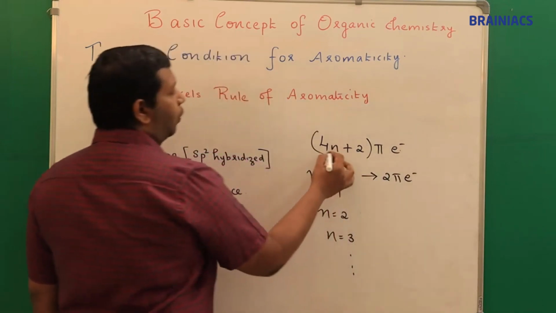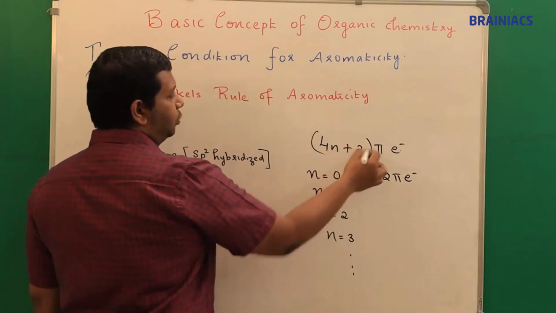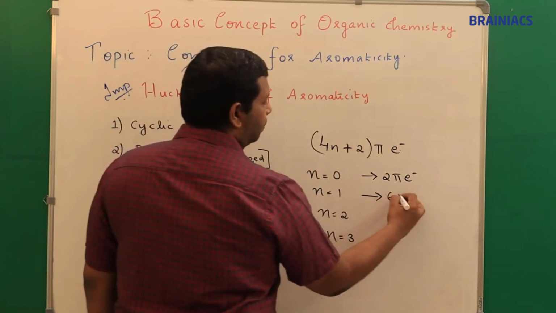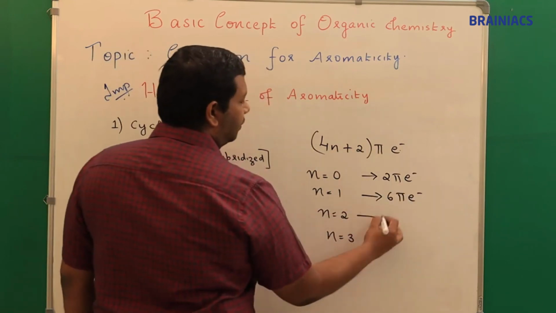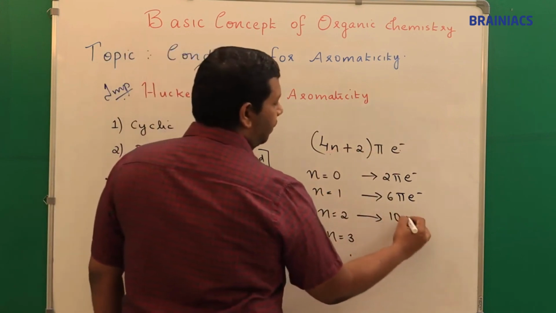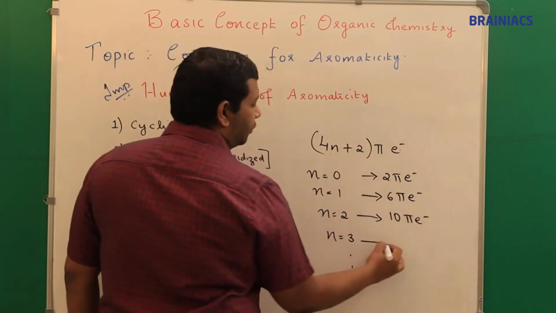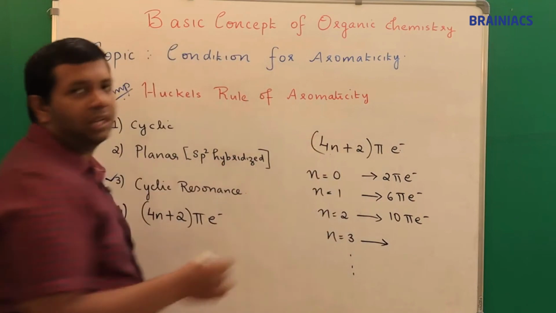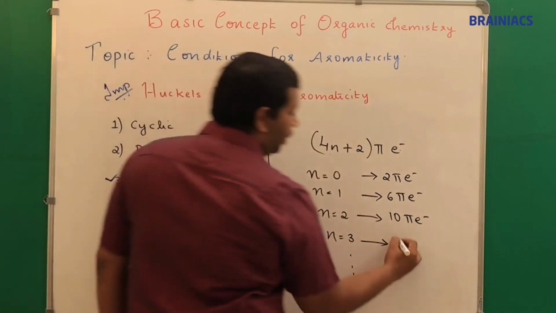Now put 1, 4 into 1, 4 plus 2, 6. So 6 pi electrons. When n is equal to 2, 4 into 2, 8, 8 plus 2, 10. So 10 pi electrons. And last one, when 3, 4 into 3, 12, 12 plus 2, 14.